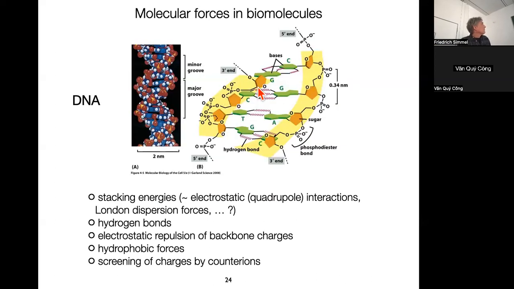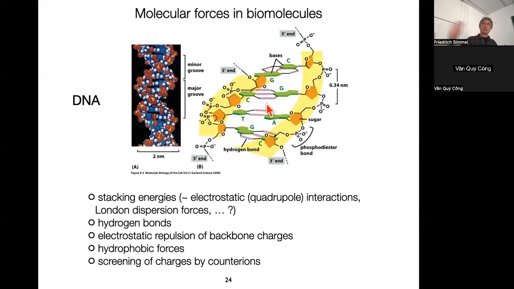But the hydrogen bonding doesn't really play a major role for the stability of the DNA helix. This is really more for the replication process. It's important that the polymerase can check complementarity, and the base pair must exactly fit into the binding pocket.